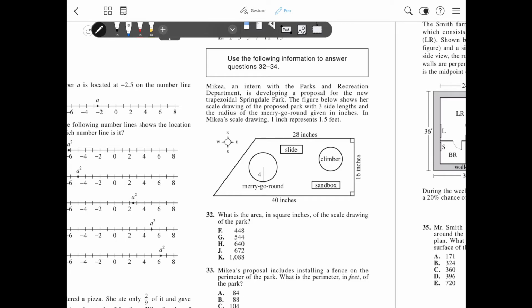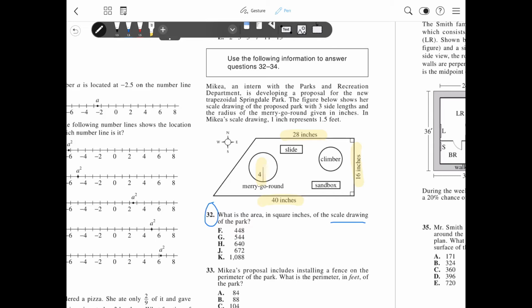Alright, so specifically we're looking at problem number 32 right here, and based on this question, when we read what it says, it already tells you that this diagram is a scale drawing of the park, and we have to figure out what the area is in square inches of this park. And as we can see on this diagram, we have the dimensions 28 inches up here, 16 inches, 40 inches, and also 4 inches here.